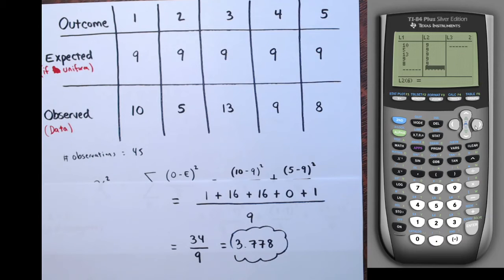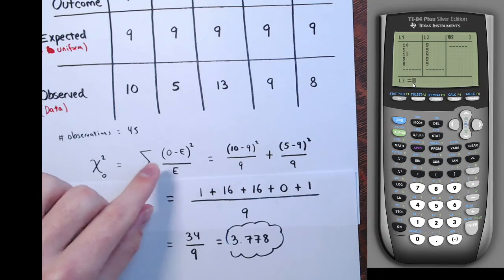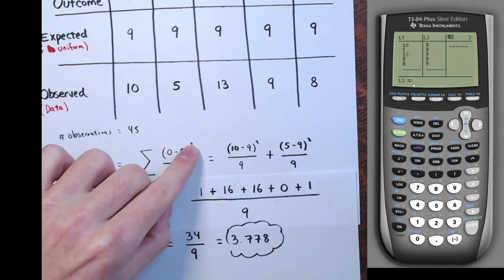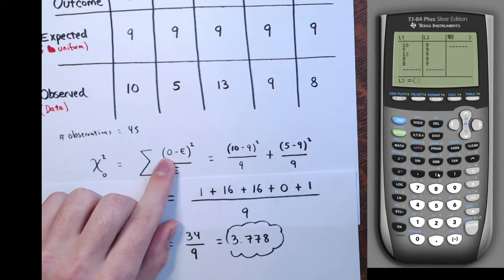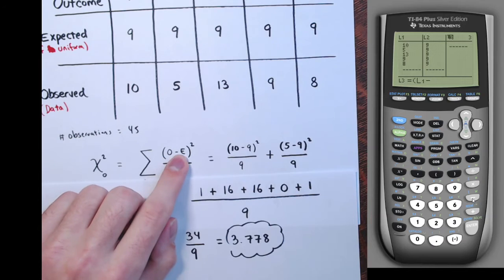And then in the third list, another empty list, I'll move my cursor up to the name of the list, L3, hit enter. And you see the cursor there, L3 equals. I'm going to enter these observed minus expected squareds divided by expected. So in parentheses, first I'll put the observed values, which were in L1, so second 1, minus the expected values, all in L2, second L2.